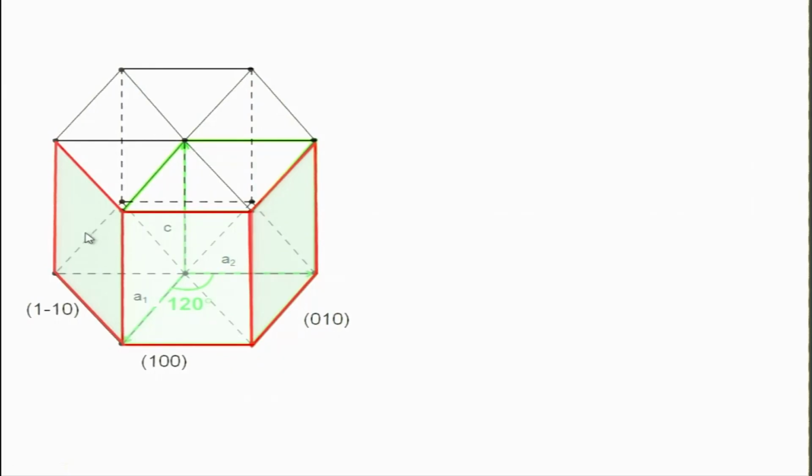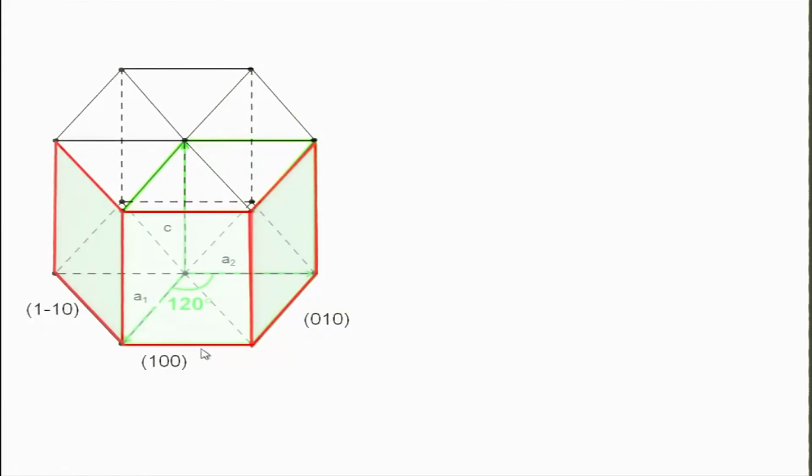In some sense it is just like the 1 0 0 and 0 1 0 faces, but basically this face is parallel to this plane in the middle, and if it is parallel to this plane, it becomes 1 bar 1 0. So there is a discrepancy. If you rotate the hexagon, the one on the left, this 1 bar 1 0 will become 1 0 0. So why is it denoted differently?